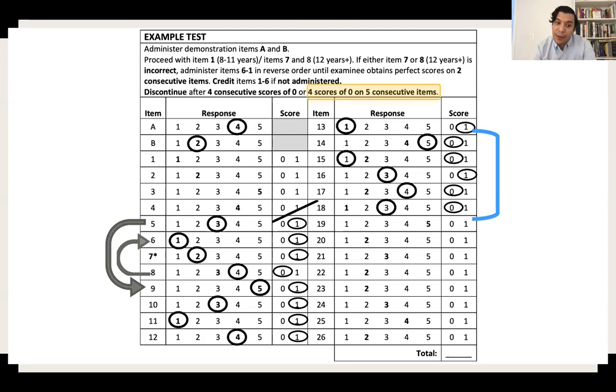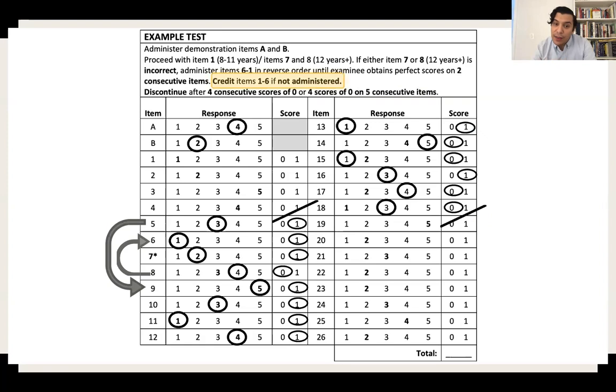And so remember, we discontinue the subtest after 4 consecutive scores of 0 or 4 scores of 0 on 5 consecutive items. And here, within 5 items, we have 4 zeros, and so we have met the discontinue rule. So we would stop administering this test. We draw a line or a slash to indicate that we've met the discontinue rule.